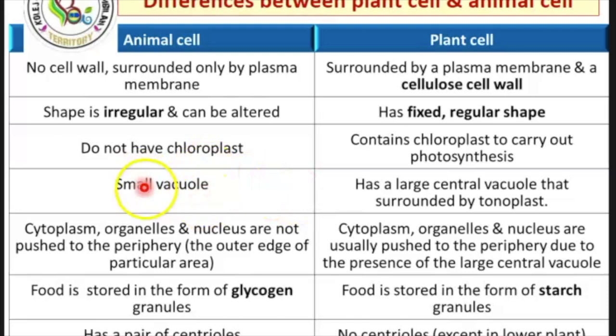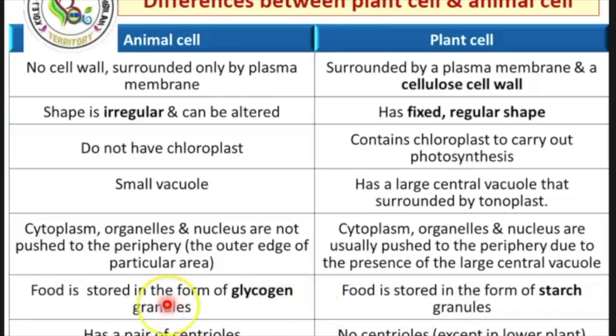Animal cell has small vacuoles, while plant cell has a large central vacuole that pushes the nucleus aside. In animal cell, cytoplasm, organelles, and nucleus are not pushed to the periphery, while in plant cell, cytoplasm, organelles, and nucleus are pushed to the periphery due to the presence of large central vacuole.